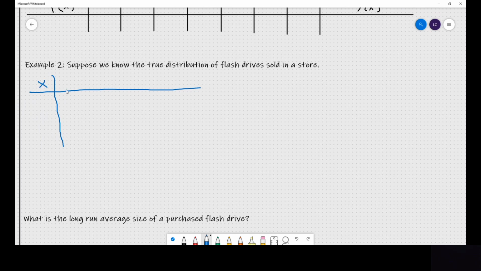So I'm letting this be X. And what we're saying is these flash drives can only be sold in 1 gigabyte and 2 gigabyte. And 4 gigabytes and 8 and 16.